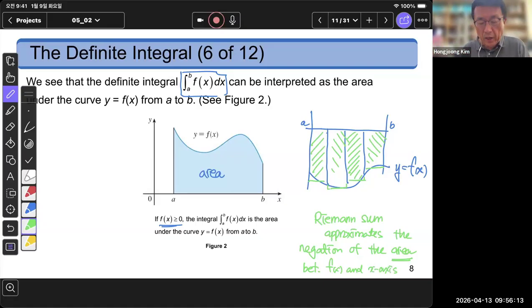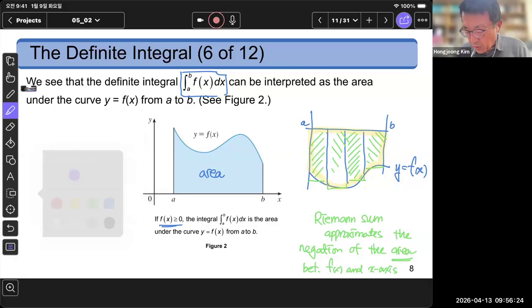So if you have this yellow region here, you have this region between the x-axis and the graph of f of x.